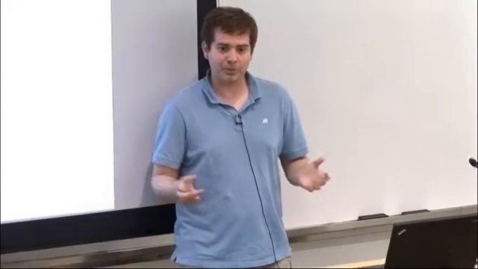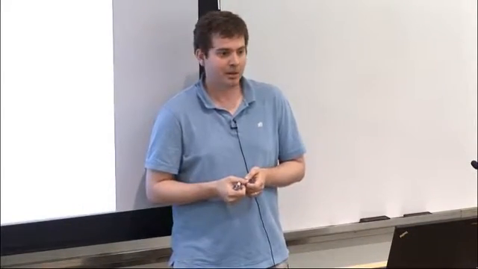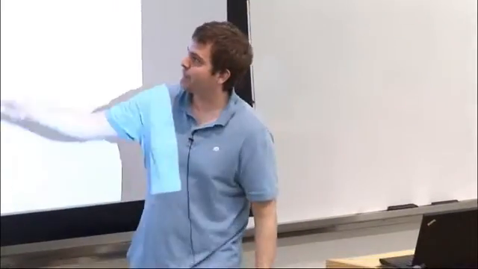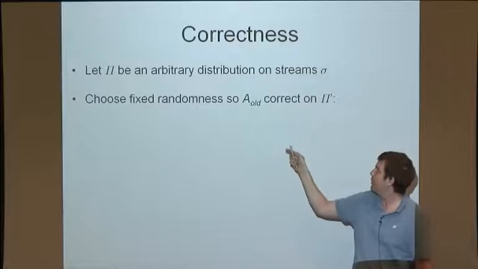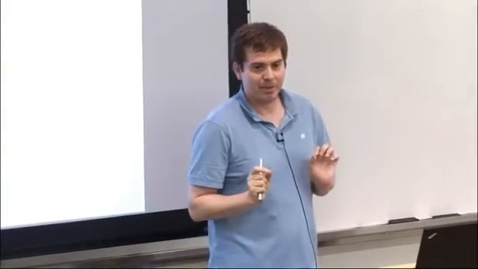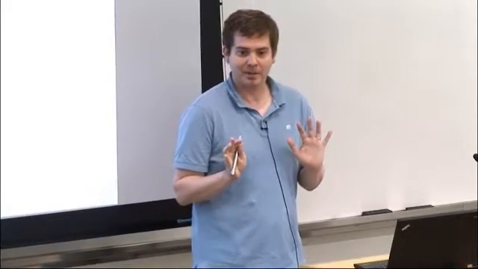We had our old algorithm, which is a randomized algorithm, so it works for any fixed stream with high probability. What that means is there's a fixing of its randomness, so I get this deterministic automaton, A old, which is correct on the following distribution, pi prime. Now pi prime is not going to be the same as pi, but it's going to be related to pi. So let me just say what that is.